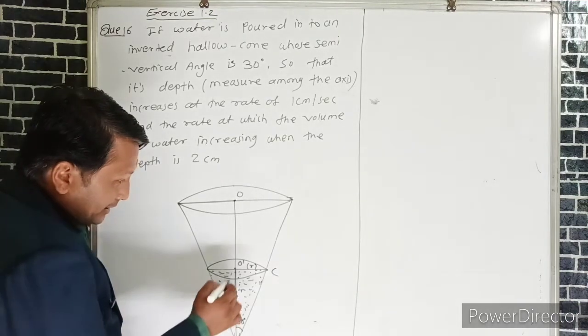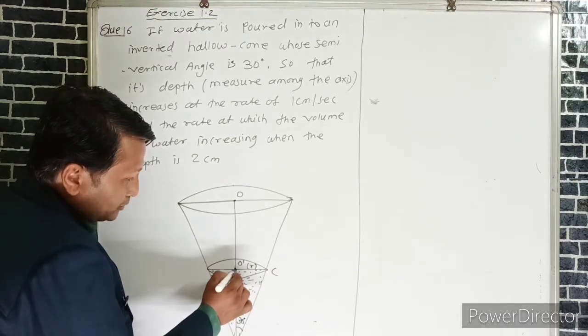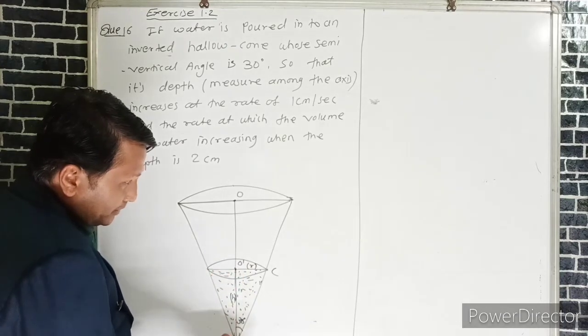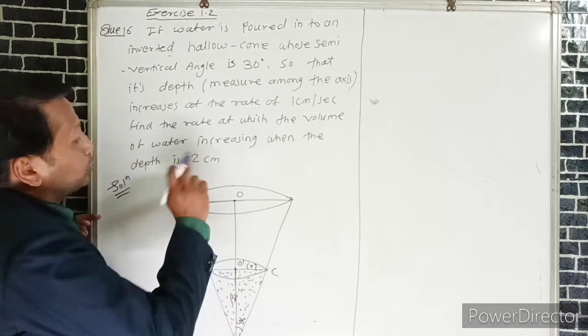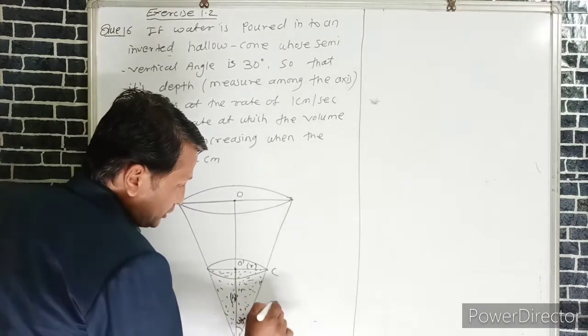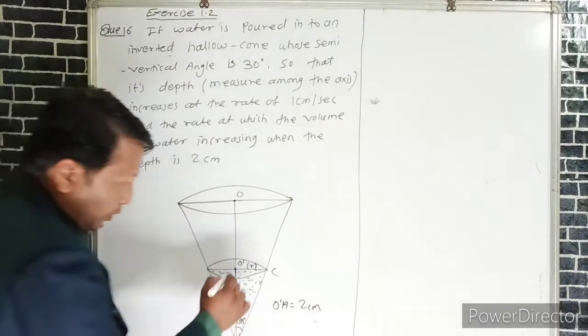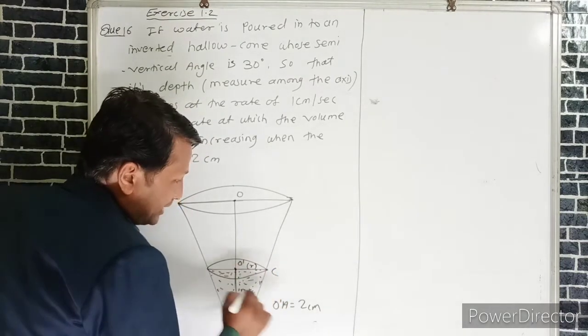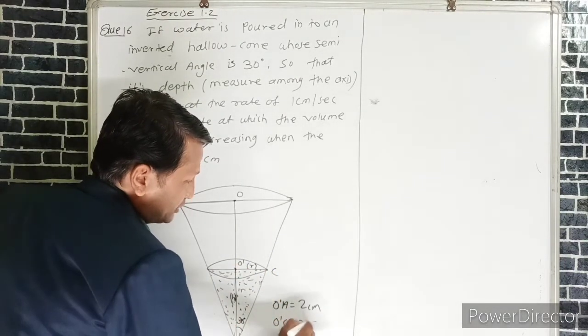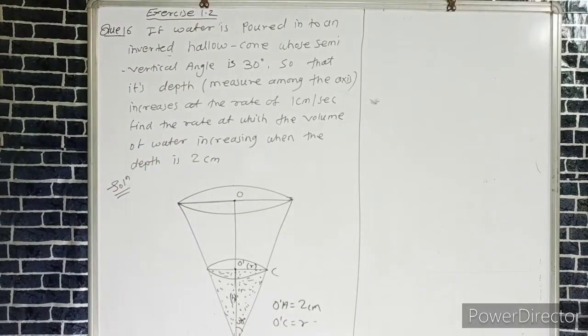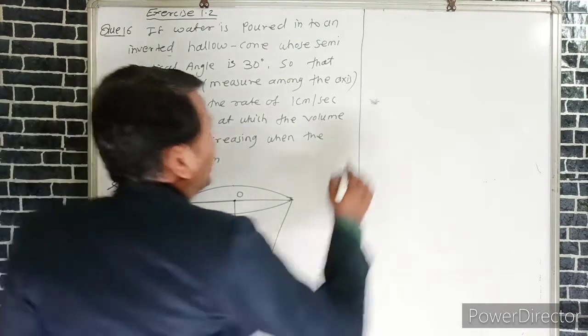It means that depth of water means distance from O dash to A is 2 centimeter. Hence, distance of O dash A is 2 centimeter. O dash C is a radius. Hence, we can say O dash C is equals to radius. Here given that its depth increases at 1 centimeter per second means dH upon dt.